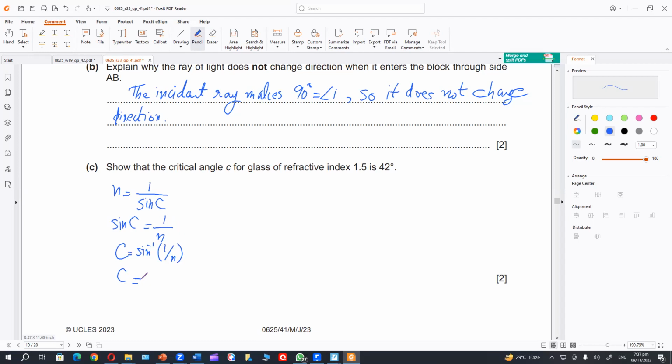Make sure your calculator is in degree mode. It's very important in this type of question. So which mode? Degree.